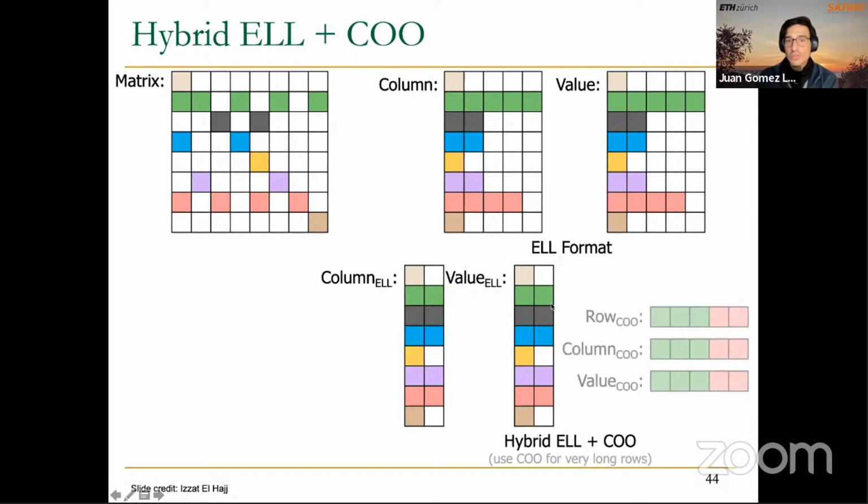While for those rows that are too long, for example, this green and this pink row in this particular example, those excesses of the row, we are going to store them separately using the COO format. So all these elements that belong to the last part of the green and the pink row, we are storing in COO format, while the rest of the rows are stored in the ELL format.